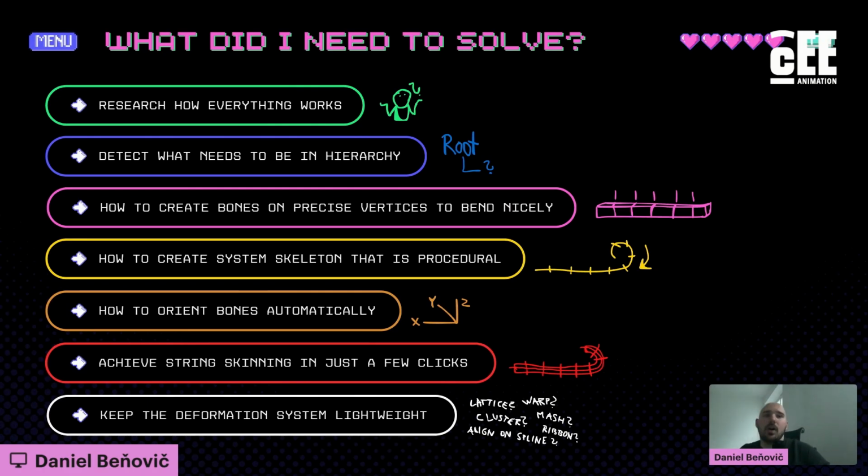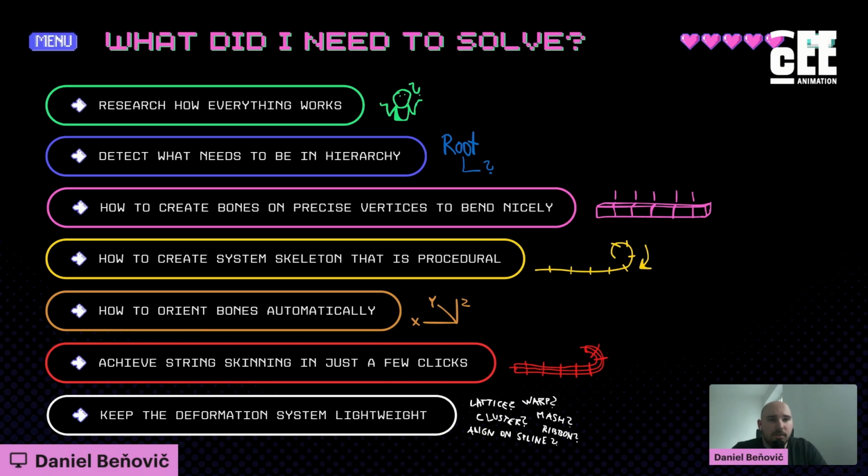Okay, so what did I need to solve? I had to research everything that needs to be animated for the bow. Then I had to create the export skeleton, which is, as I said, a hierarchy containing everything the animator needs to animate.